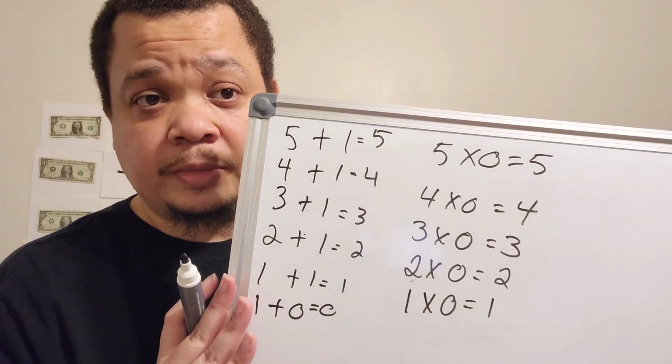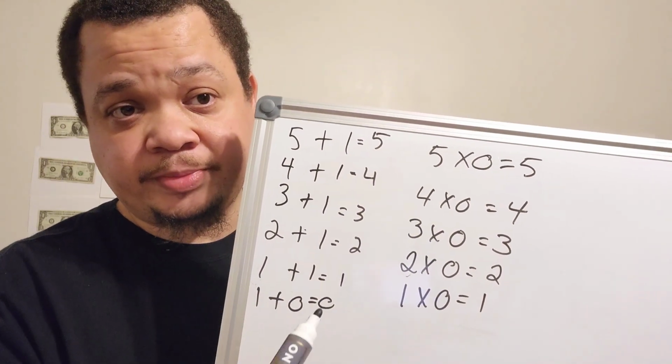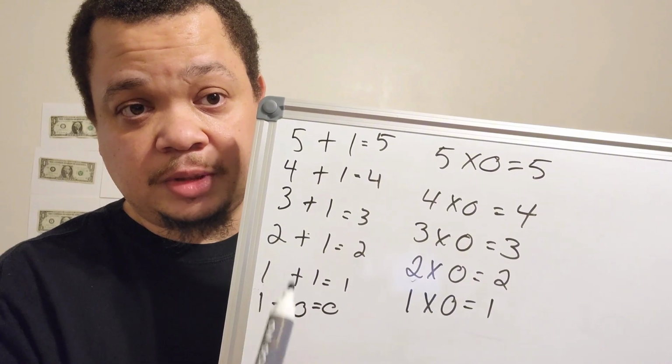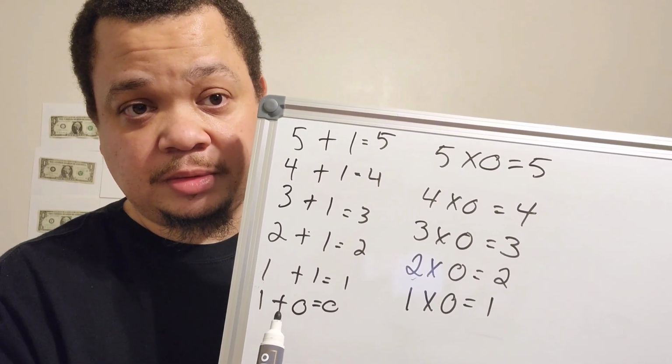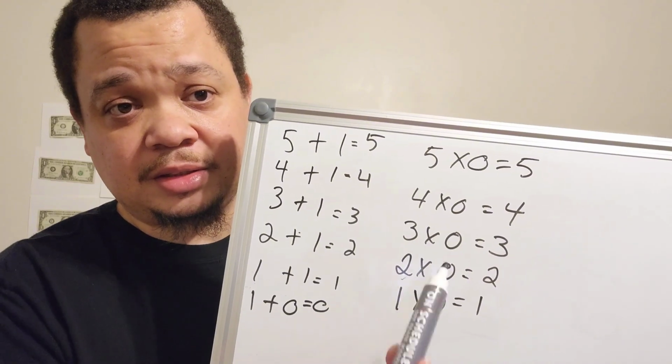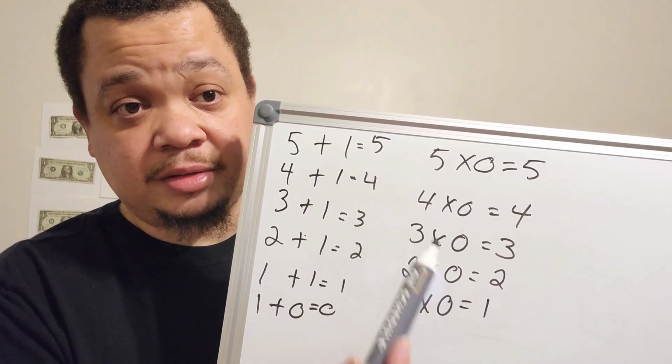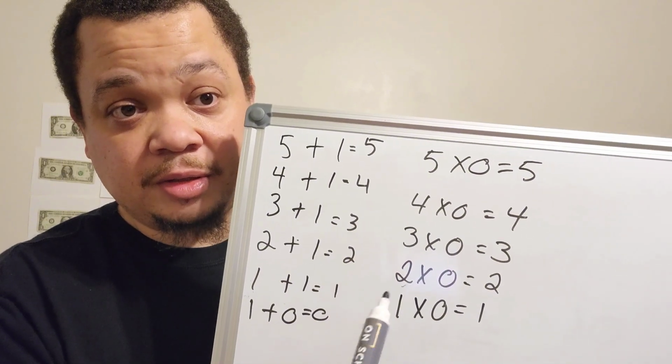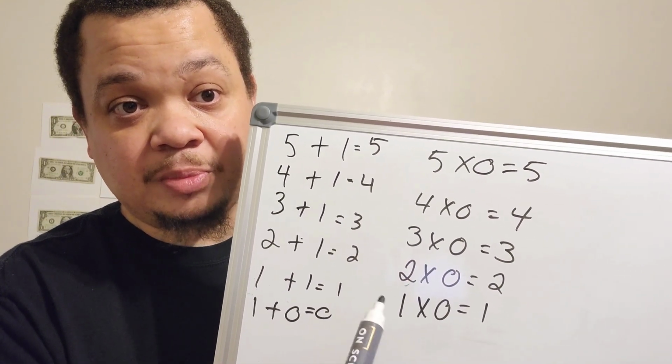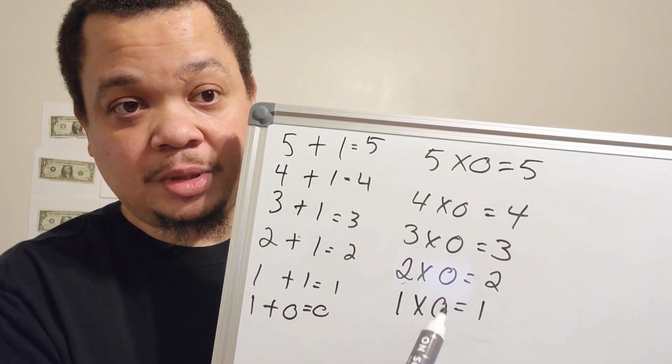All right. So this is the original one. This is the addition, I should say. And this is the math. Now, this is what 0 should be when you multiply it to another number. 1, 2, 3, 4.